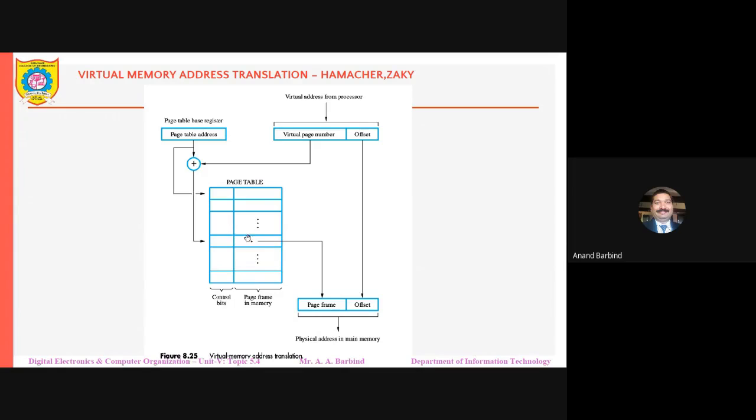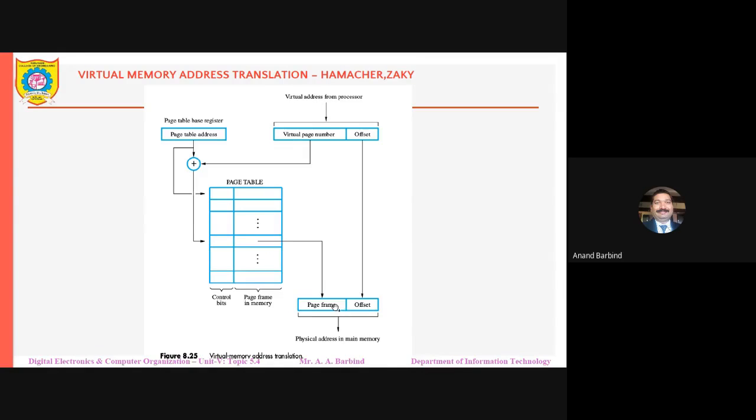Once you go to that entry, the actual page frame address is present there. That page frame address is loaded into the page frame, and then the virtual address is converted to the physical address.